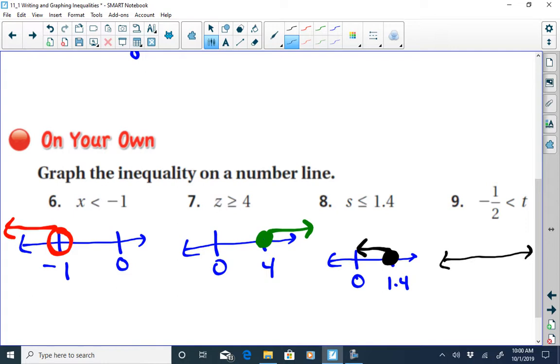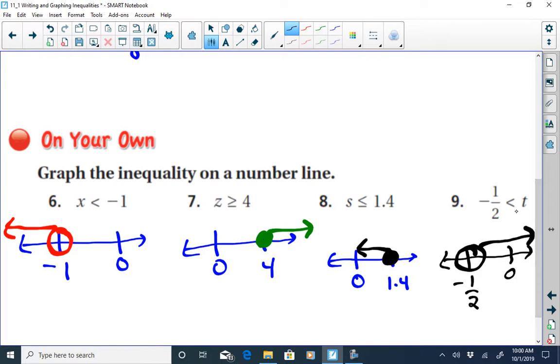All right? So it's going to start off the same. I still have 0. Negative 1/2 is going to be to the left of 0. All right? It's going to be an open circle because it's a less than, so I have an open circle at negative 1/2. But negative 1/2 has to be less than all of the solutions. So that means my solutions are actually to the right.